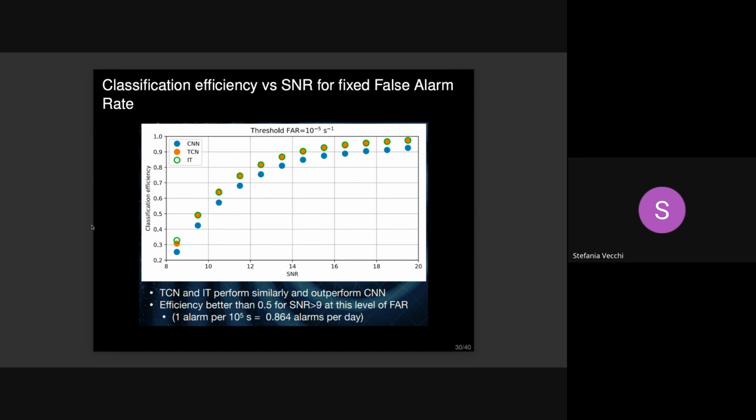Once per day, we are allowing it to make a mistake, to raise a false alarm: yeah, I'm having a signal, whereas in fact it's not a signal. So it's a decent rate. We can even go lower, like 10 to the -6 would be once per month, for example, or once per week. Naturally, the stronger the signal, the better the classification efficiency. So this works as it should.